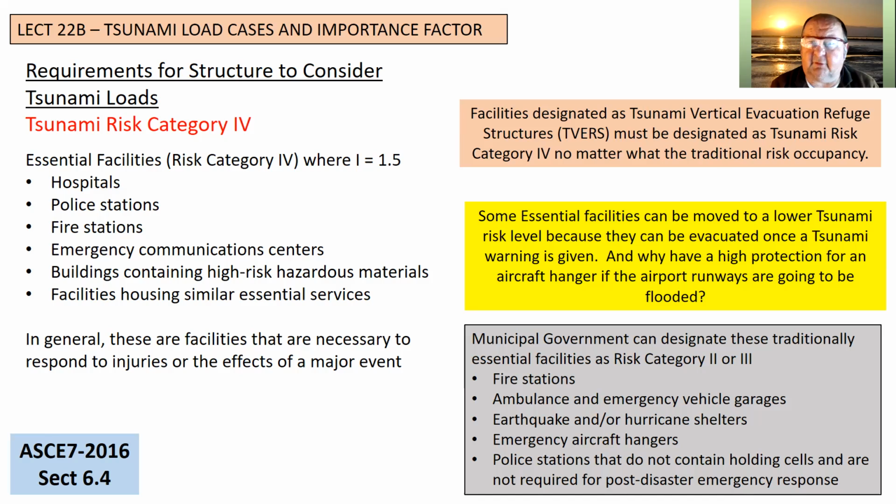So if I have a garage that holds the ambulances that a community uses, I can manage my facilities with the idea that during a tsunami, the first thing we're going to do is get all the ambulances out of this garage. And then the garage isn't that critical for me to have functioning when the tsunami actually occurs.